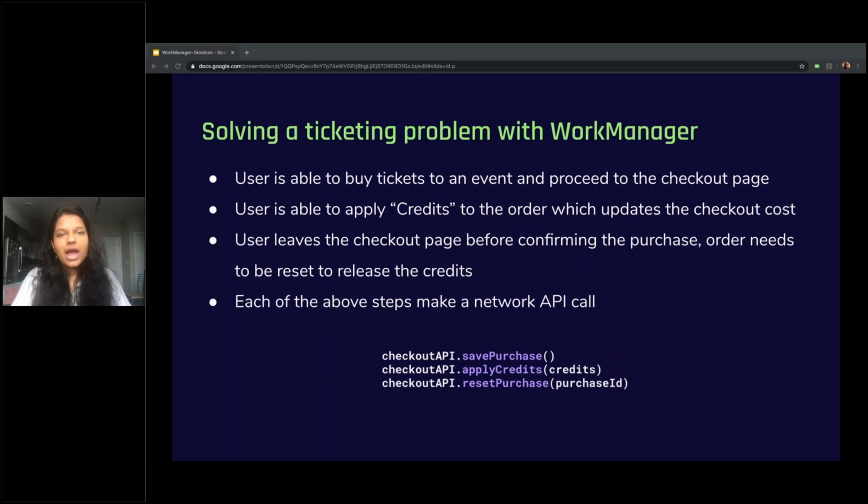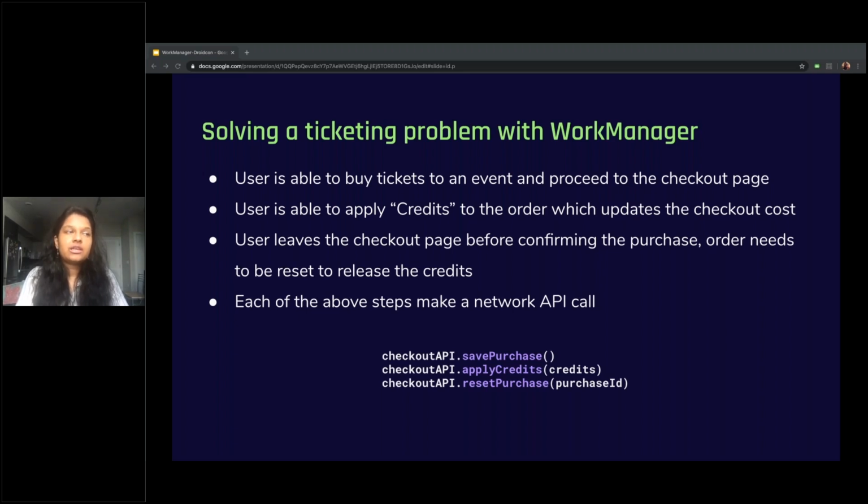Now let's talk about a real-world scenario. Since I work for a ticketing company, we come across this scenario all the time. Let's say a user is able to buy tickets to an event, selects the quantity, selects the event, then proceeds to the checkout page.